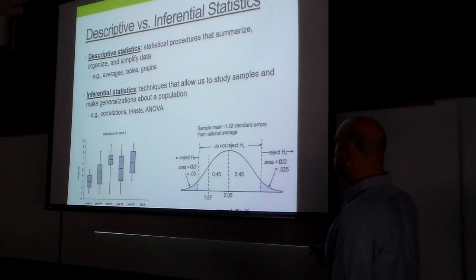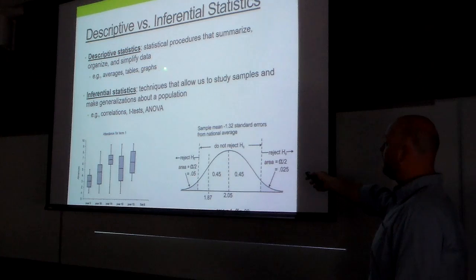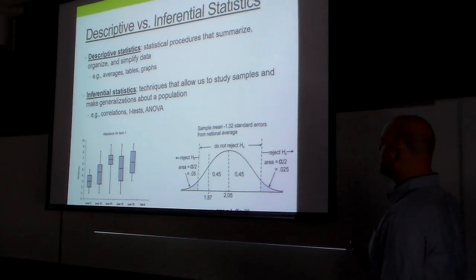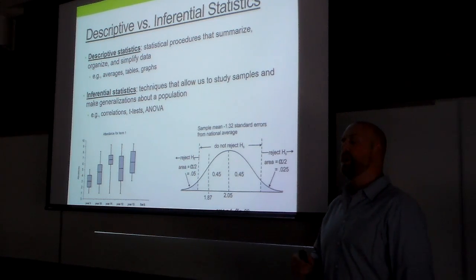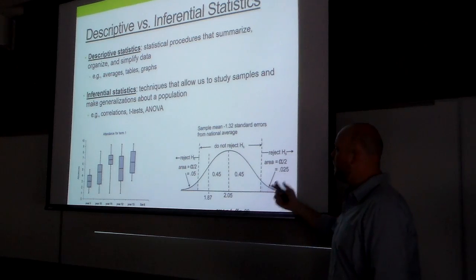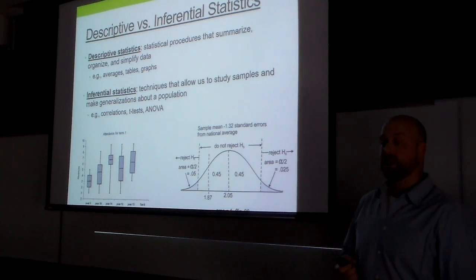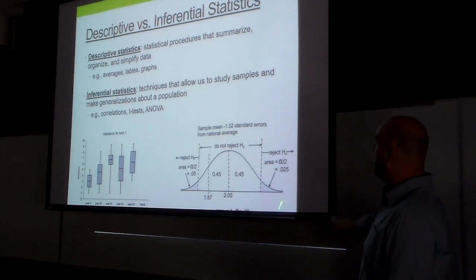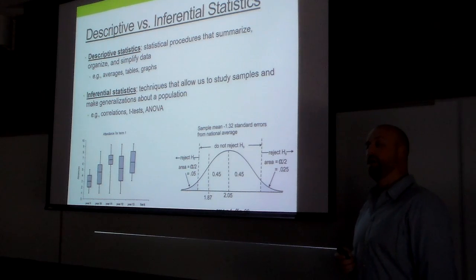Our inferential statistics are our statistical tests, right? These are the tests that we're running on samples to try and make generalizations to populations. So these are correlations, t-tests, ANOVAs. These are things that have p-values associated with them, okay? We'll get into the nuts and bolts of inferential testing.